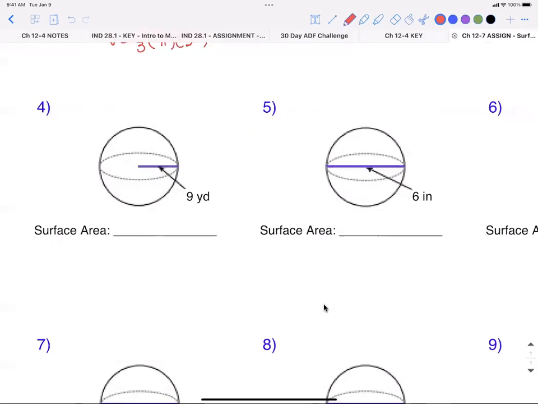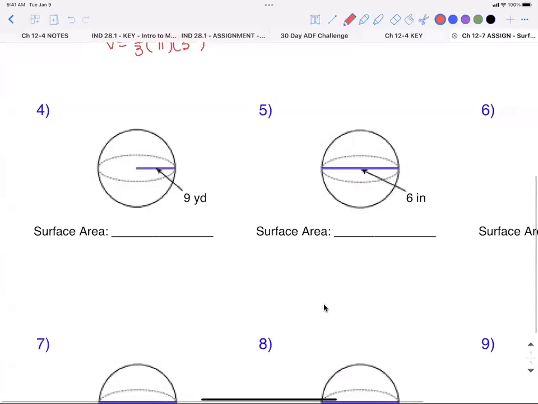So for surface area, we're going to do surface area equals 4 times pi times radius squared. And this time they gave us the radius still, so it's 9 squared. So in your calculators, 4 times pi times 9 times 9.